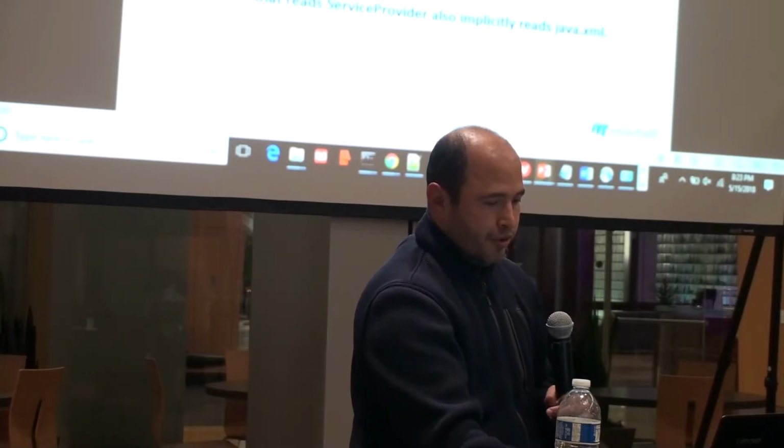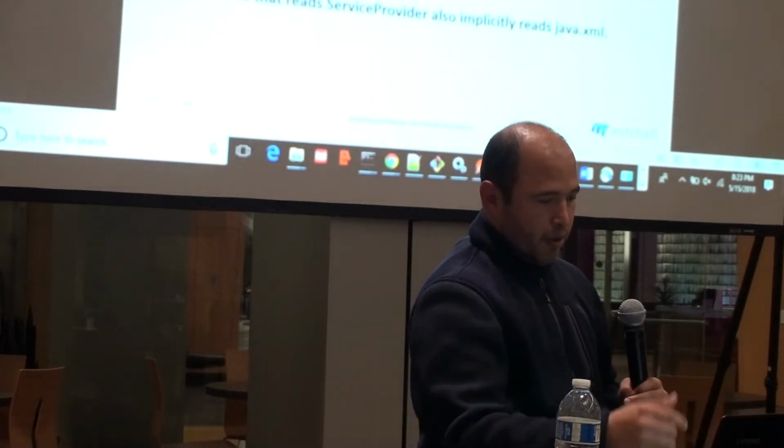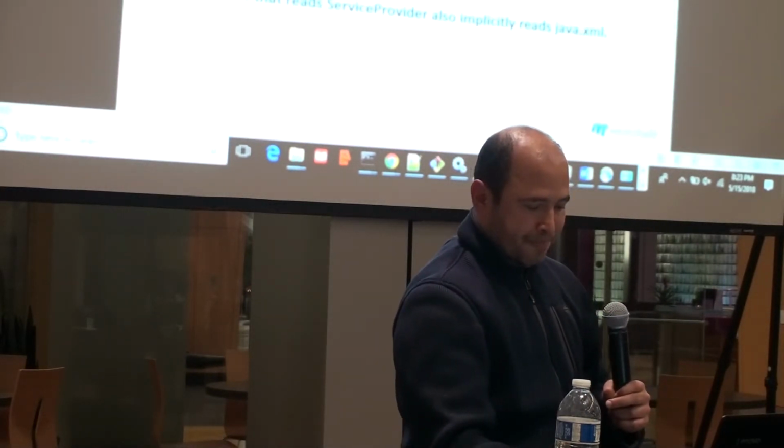I don't need to say requires java.xml because I say here, whoever uses this module is going to read this too. So it's called implied readability. If you have many modules, you don't have to duplicate requires in all the modules. You just put requires transitive, and any module that uses this service provider will do it automatically by doing a normal require.